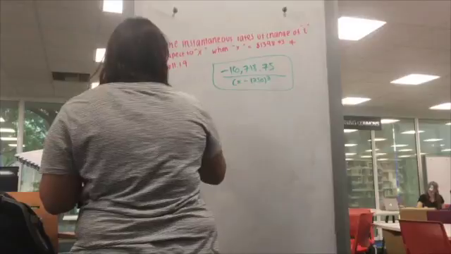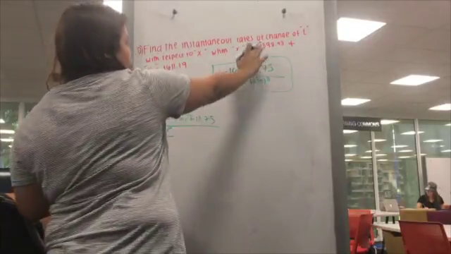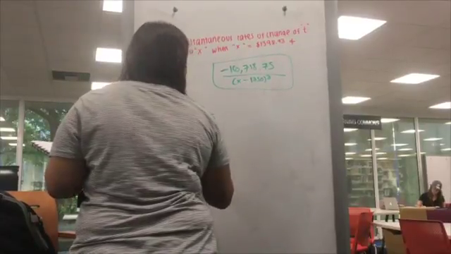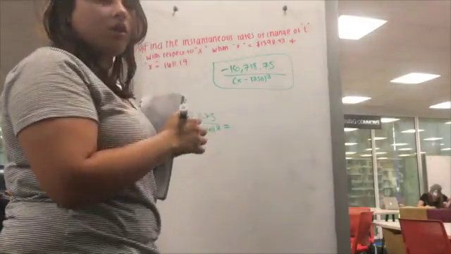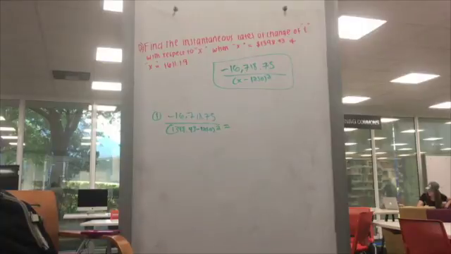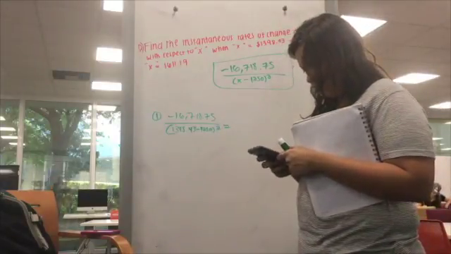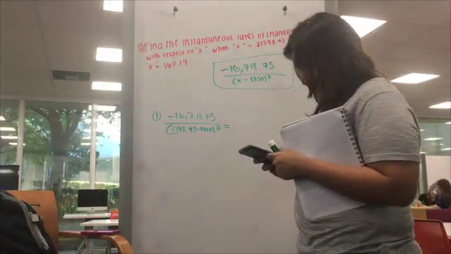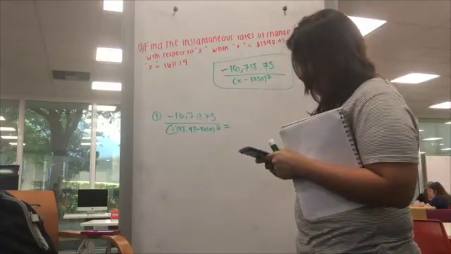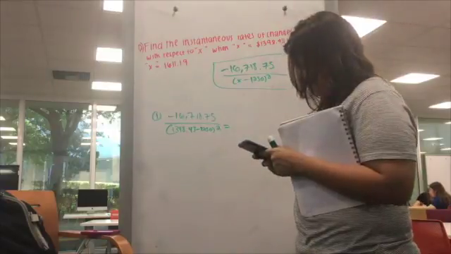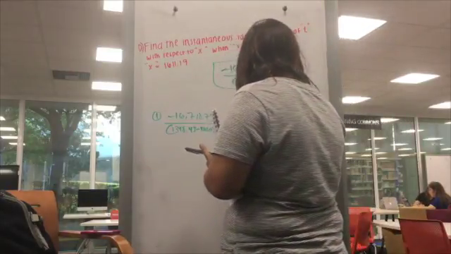That is gonna be this one. So you're gonna put this, but in x you're gonna put this number, and it's gonna equal this. You put it in the calculator exactly like that, and you're gonna get this.